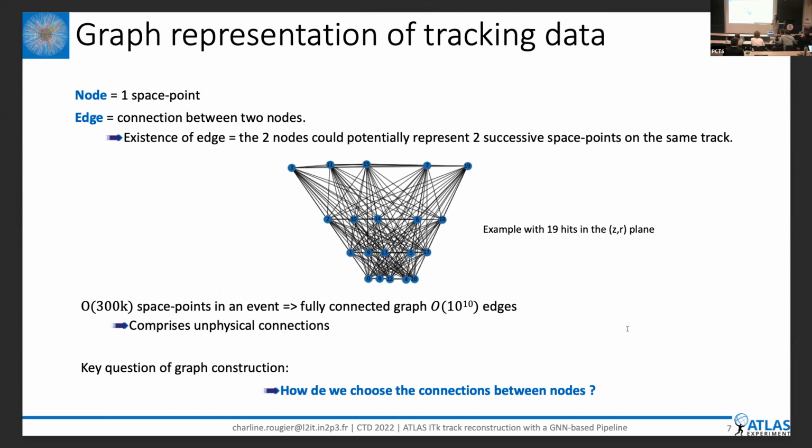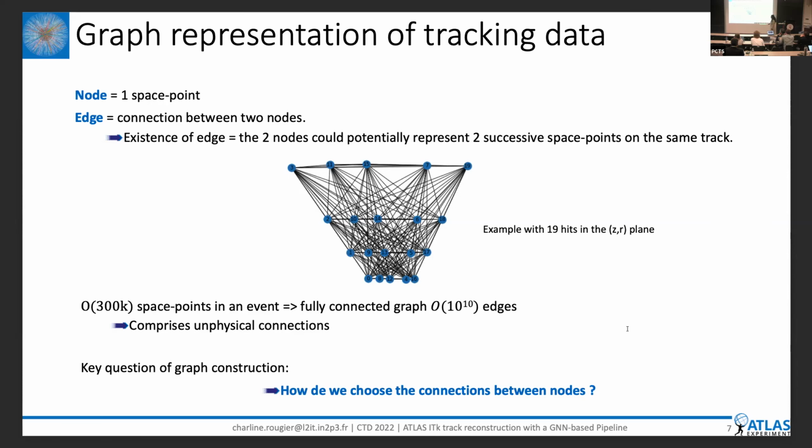But the trouble is that with ITk, we have 300,000 space points. If we build a fully connected graph, we end up having 10 to the 10 edges. So this is not the solution, and we have to think of a smarter way to build the graph to remove all the unphysical and also a little bit stupid connections that we can find in that case.